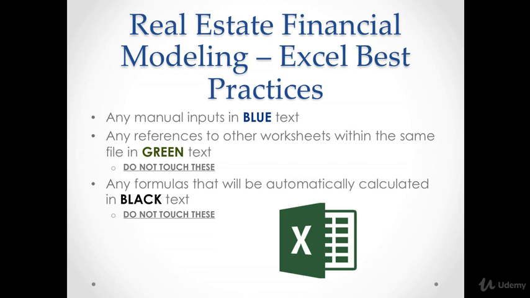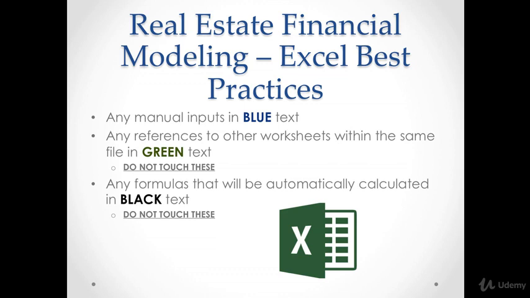So what are those different colors? First, any references to other worksheets within the same file are going to be in green text, and do not touch these. So if you have one tab that has all of your assumptions and maybe some formulas are being run within there and you have an exit value in there, you have a sale price in there, and that's being pulled from a different sheet.